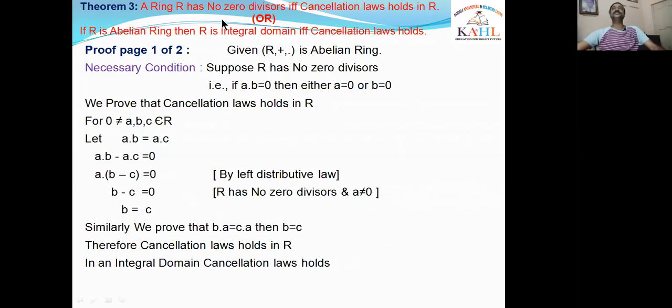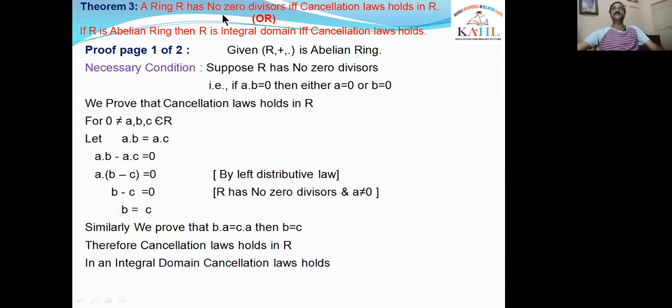What is the necessary condition? We take no zero divisors, and we have to prove cancellation laws hold. What is the sufficient condition? We take cancellation laws hold, and we have to prove R has no zero divisors. Students, are you understanding that?